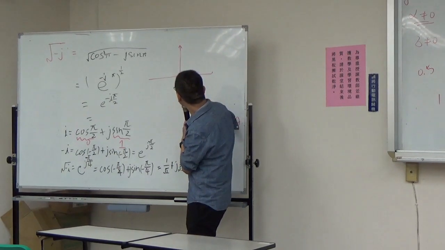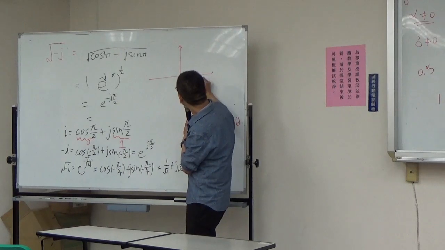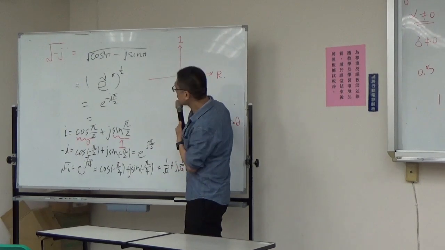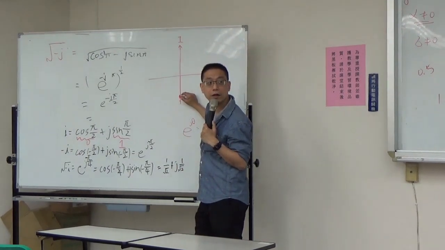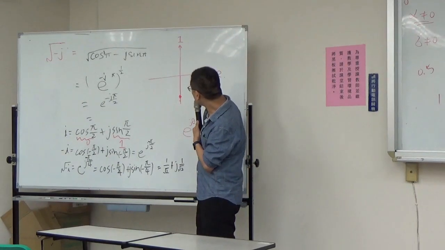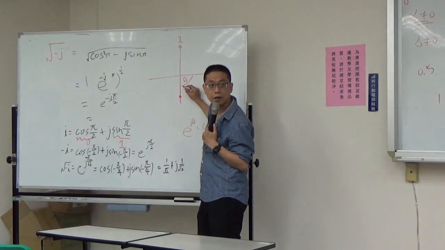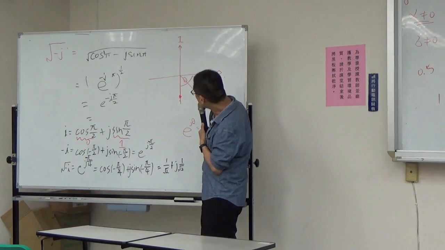Actually, we do a research about this one. Okay, this is real and imaginary. This one is minus j, right? Okay, then if you think this is a theta, you will get this point.